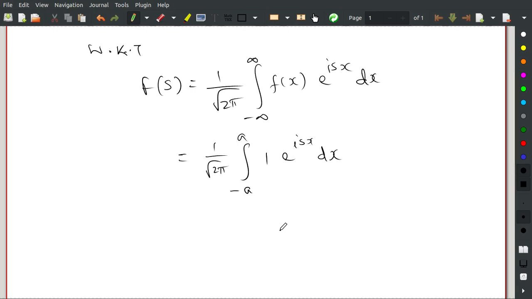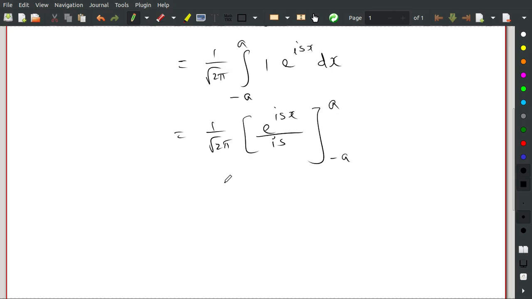So if we integrate this, we have 1 by root 2 pi, e power i s x divided by is. The integral of e power i s x is e power i s x by is, and our limit is minus a to a.